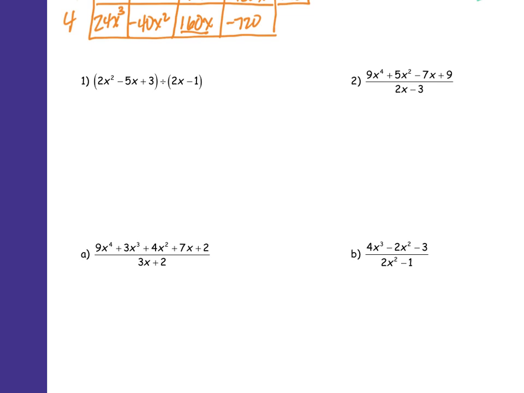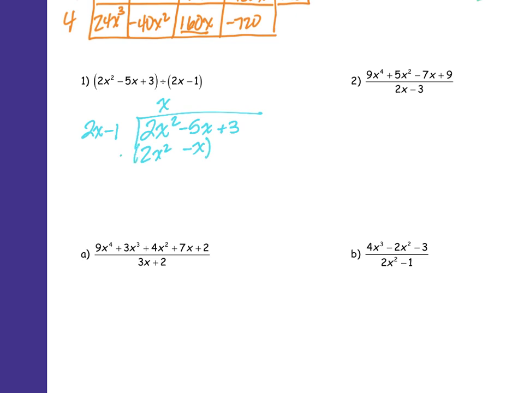These ones are just as easy. I mean, you do them exactly the same. If it's divisible by an expression with x, so 2x minus 1, I'm doing the same thing. I just ask myself, what do I multiply 2x by to get 2x squared? Well, in this case, it would be x. And that's 2x squared minus x.